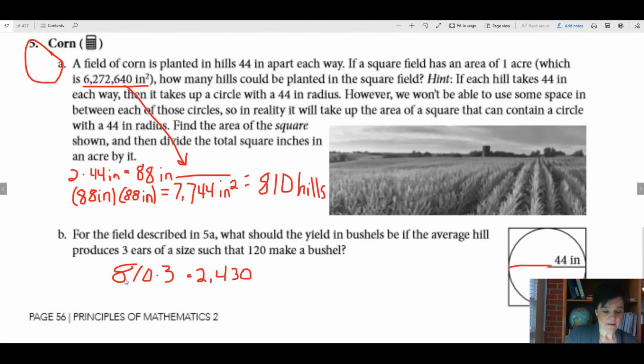If the hill produces 3 ears of a size that make 120 a bushel, then you're going to take this number and divide it by 120, because 120 makes a bushel. And then this is ears. We have to make sure we get our units right. This is ears, and then this would be bushels.